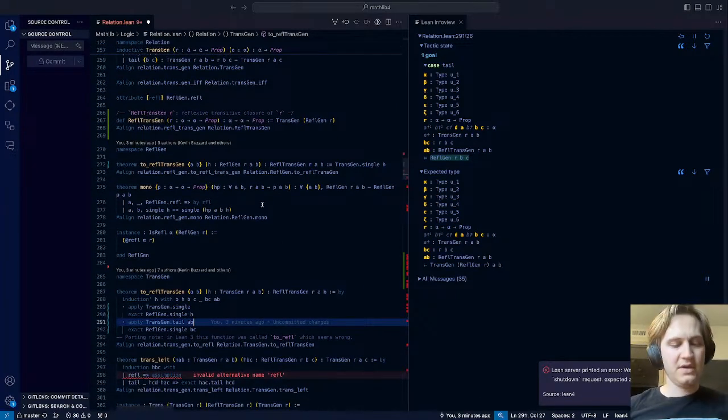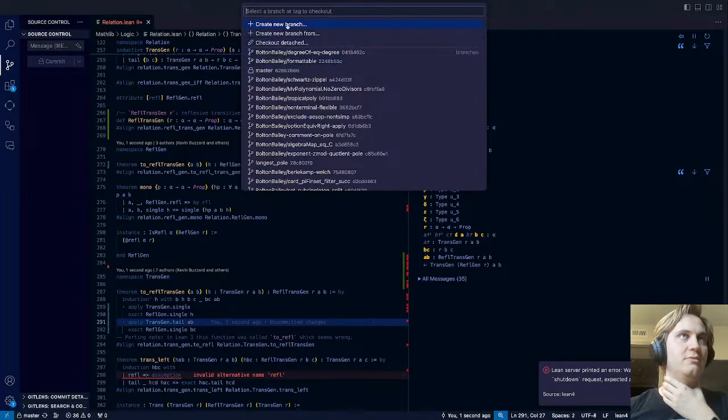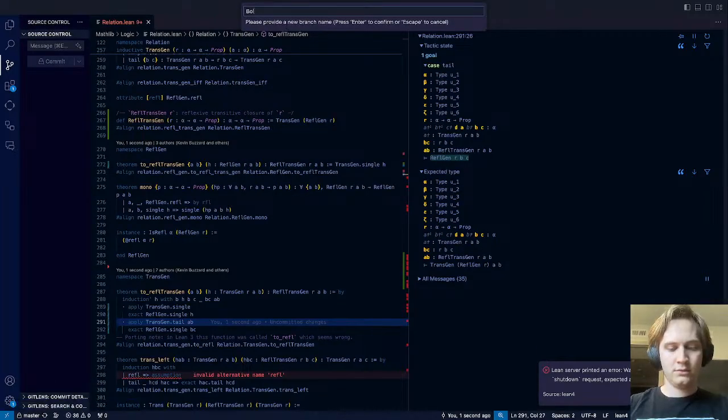I think what I'm going to do for now is just save this and come back to it. Let me finish making the pull request. So I'm in master. I would like to now create a new branch. Fix refltransgen.